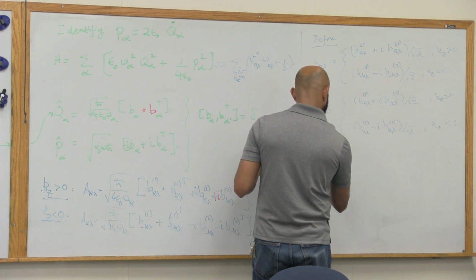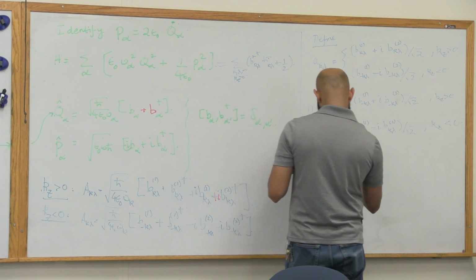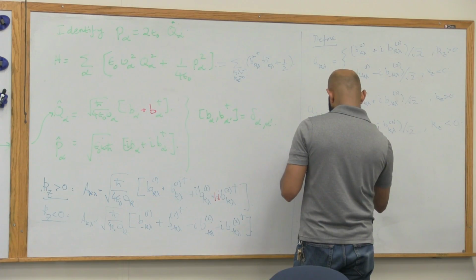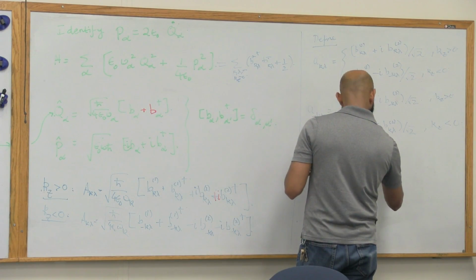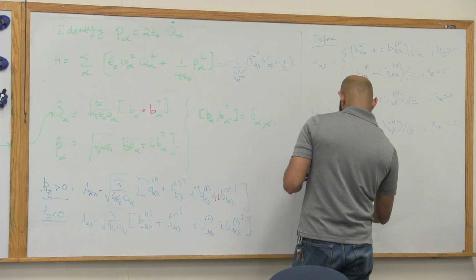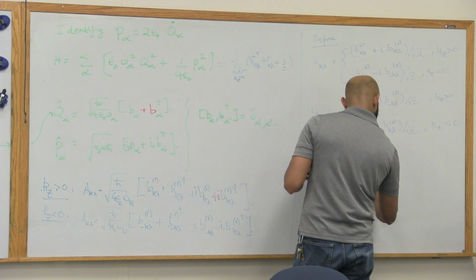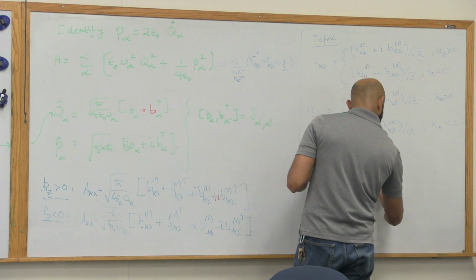Now let's look at a_k lambda dagger. We can easily write it down: b_k lambda 1 dagger minus i b_k lambda 2 dagger, over square root of 2, for kz greater than 0 and less than 0 respectively.